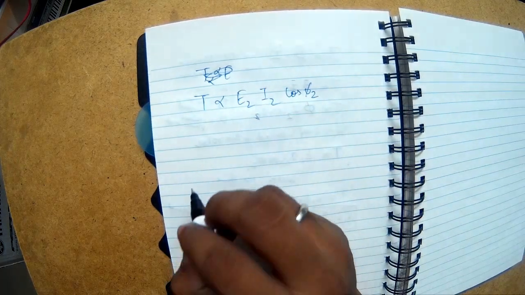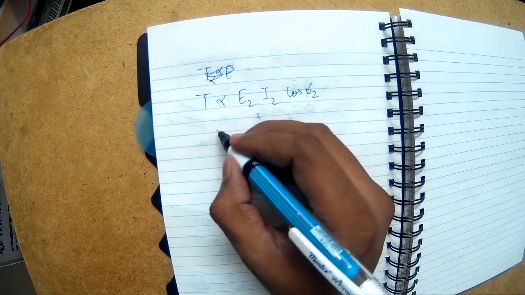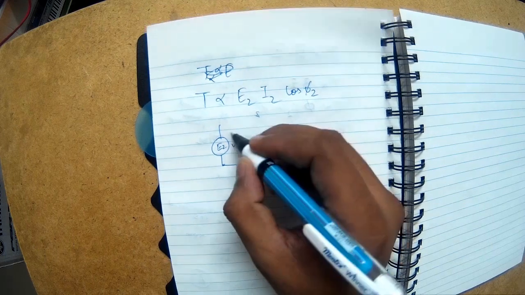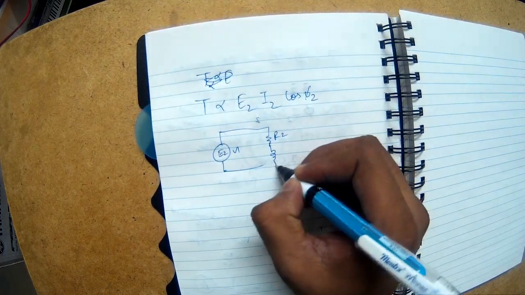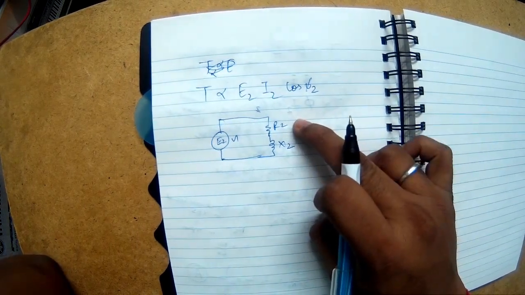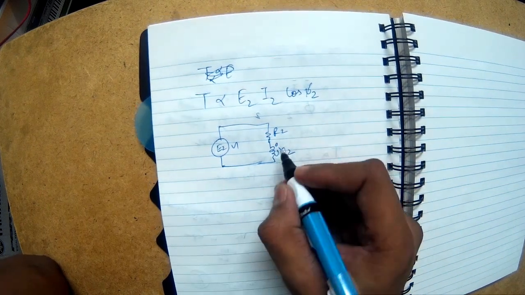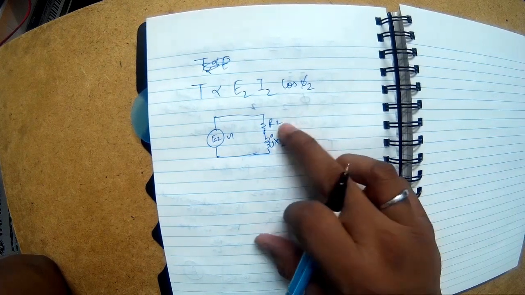What is I2? I2 is the current flowing in the rotor. So if I denote E2 as the sinusoidal voltage source, and then there is R2 resistance and X2 reactance, where R2 is the resistance per phase of the rotor and X2 is the reactance per phase, so I should use jX2. Why not capacitors?